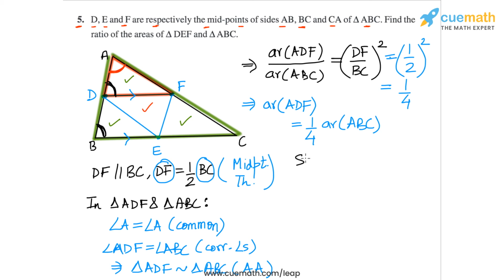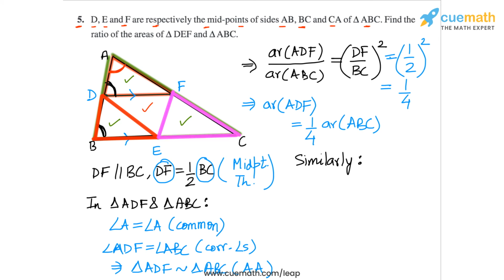And now similarly, as I said earlier, we can say that the area of triangle BED, let me highlight this triangle also, BED would be this triangle. Let me use a different color, BED. This would also be 1/4 of ABC, and then CFE would be this triangle.